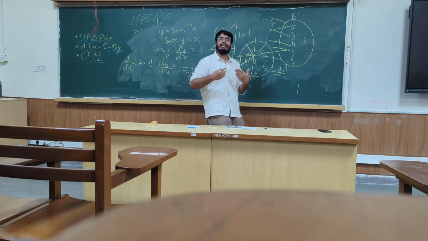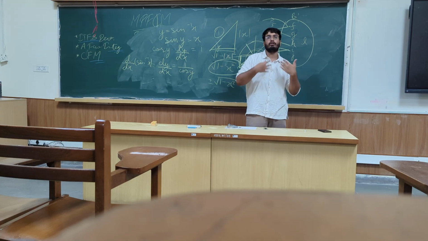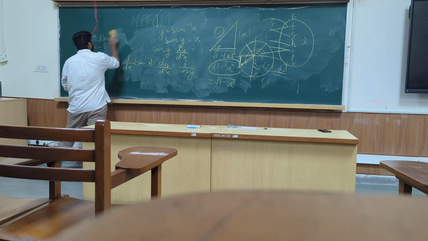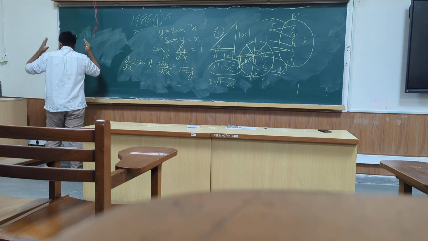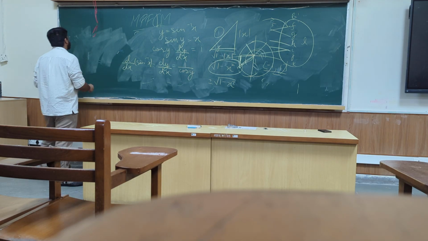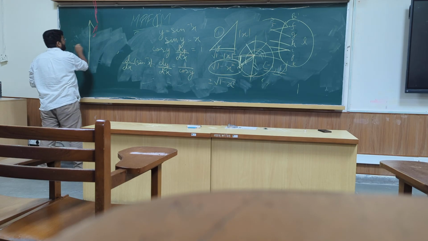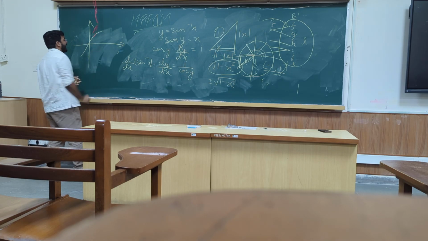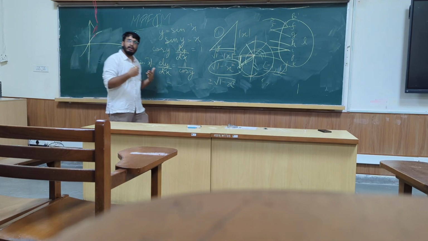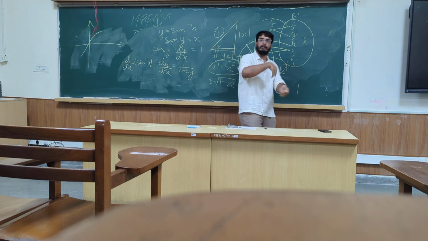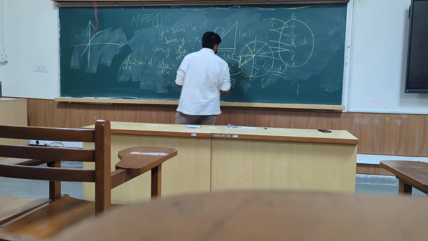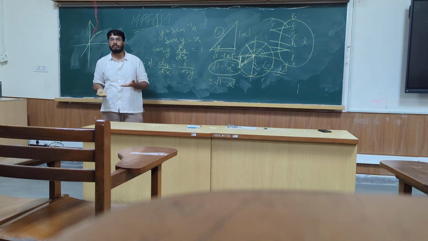Now that is exactly why I went through the trouble of teaching you the codomains of these functions, because when I considered sine of x, or rather sine inverse of x, I said that we are only considering this part, that is, in our minds we are only considering the angles from minus pi by 2 to pi by 2, and in this range I can assure you that cos is always positive.